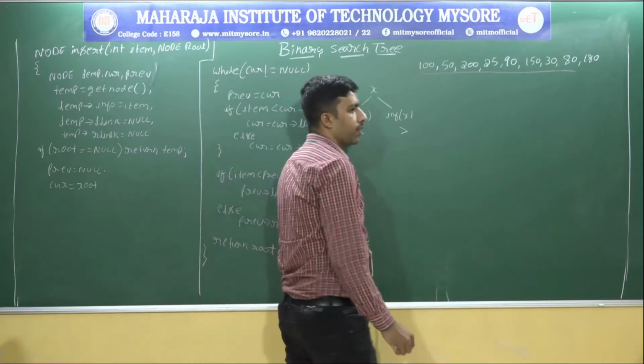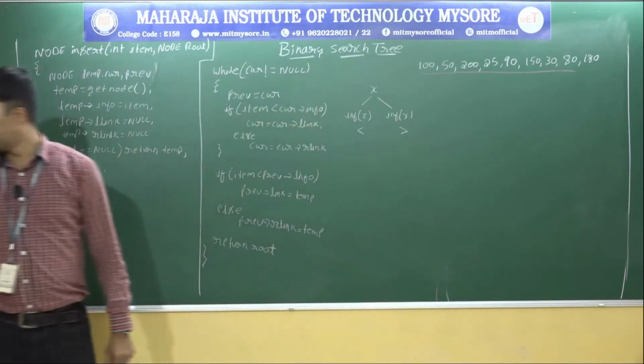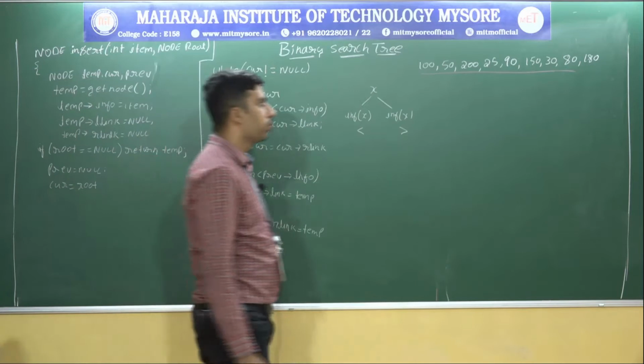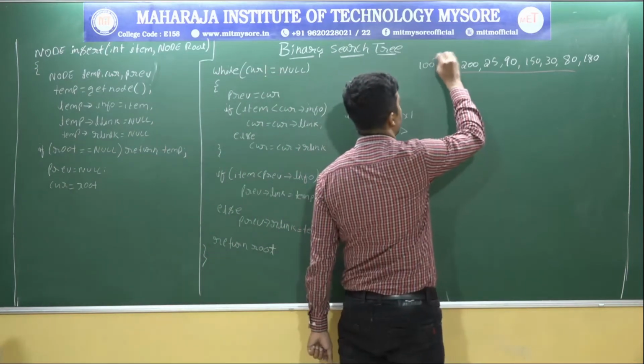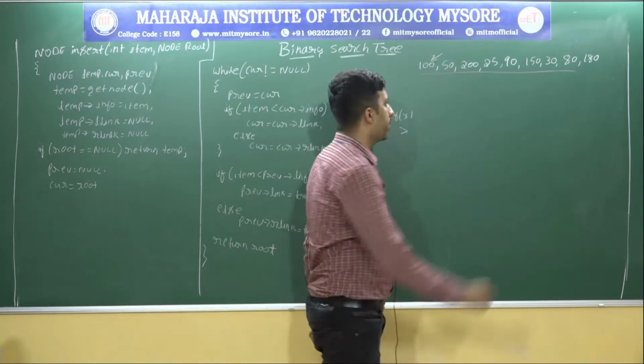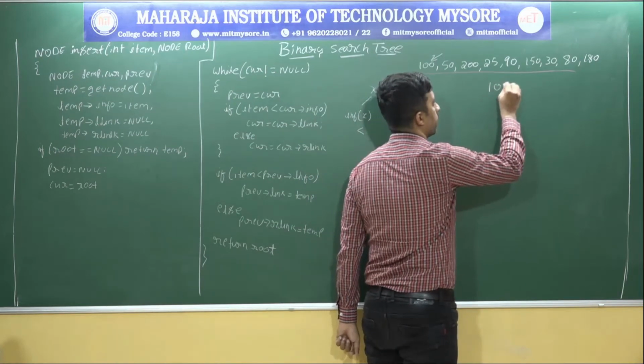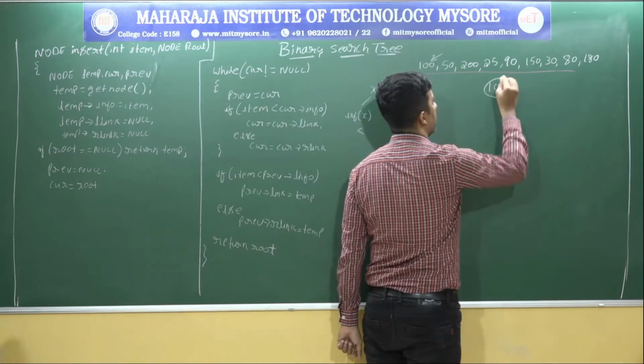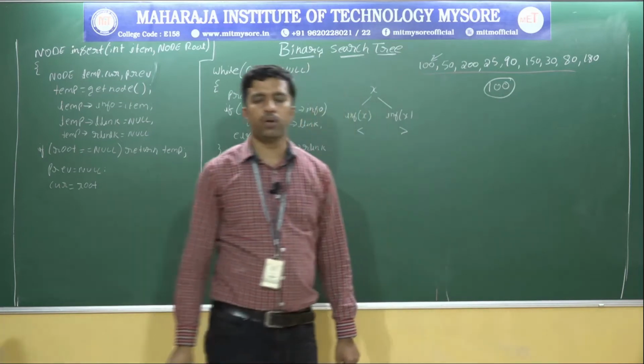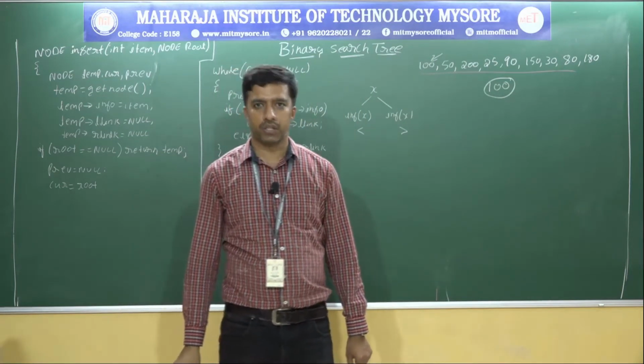The first element is always the root node of any binary search tree. The first element is 100, so that is the root node.